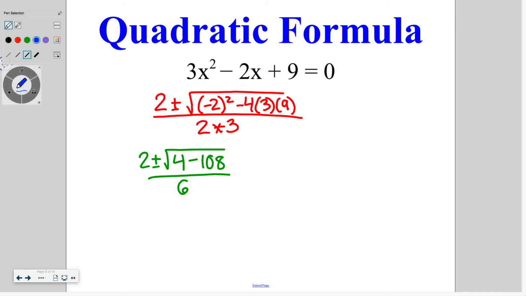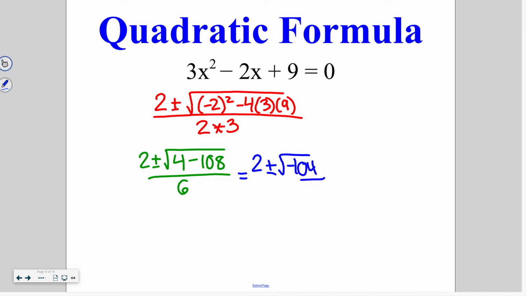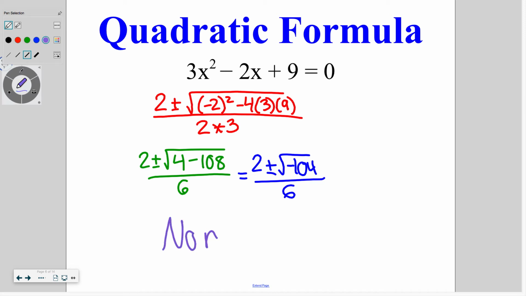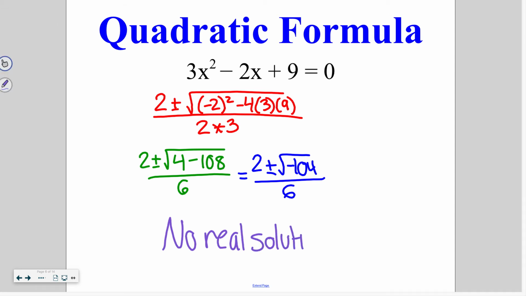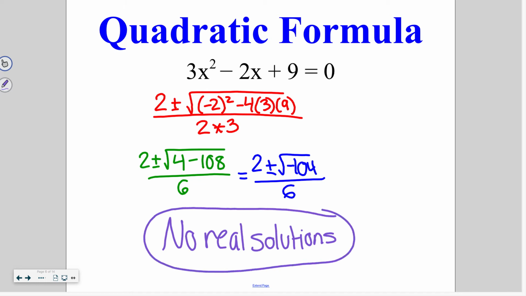Taking that next simplifying step to simplify under the square root, I end up with 2 plus or minus the square root of negative 104 over 6. As I pointed out in the last lesson, we do not have the capabilities to take the square roots of a negative number. So our answer, if your square root part ends up being negative, is no real solutions. So once again, if you get to a negative under that square root, you can stop the problem and identify it as no real solutions.